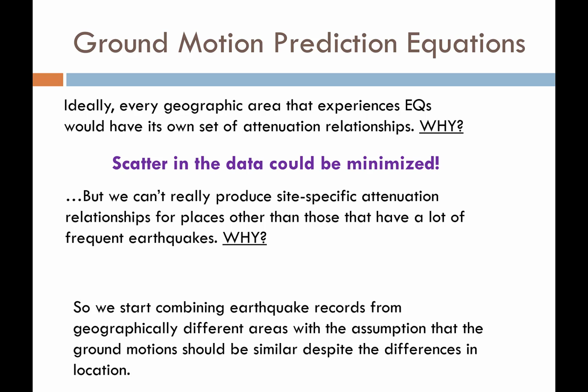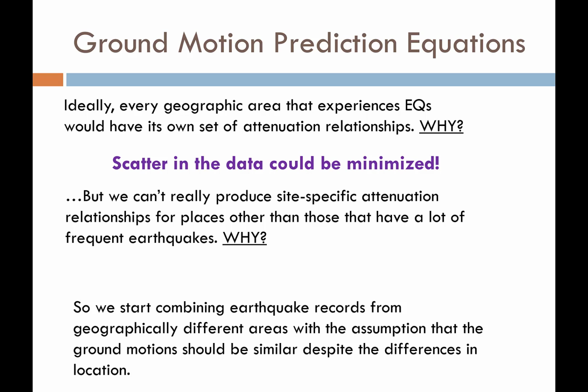A lot of that scatter we see in these GMPEs comes from the fact that they're coming from different seismic environments, different types of rock, different types of faults, different types of soil on top of the rock from all over the world. So if I'm only focusing on the same region, I eliminate the variability in the different types of rock, the different types of soil, the different types of seismic sources. So a lot of that scatter gets eliminated.